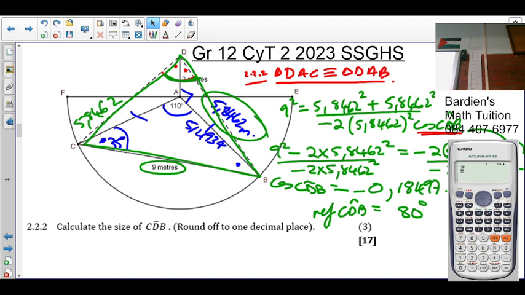Okay, so it's 9 squared minus 5.8462 squared minus 5.8462 squared over negative 2 times 5.8462 squared.